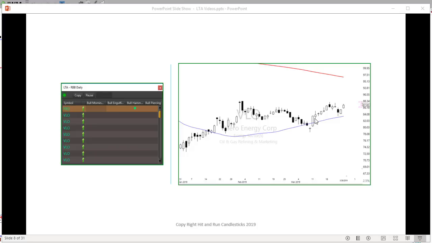And then it became an RBB right in here. So the question is, is this a failed RBB? No, that is not a failed RBB setup. With an entry, that could have been a very nice swing trade right here. So that is not a failed RBB. That is simply a chart that is up and has pulled back.